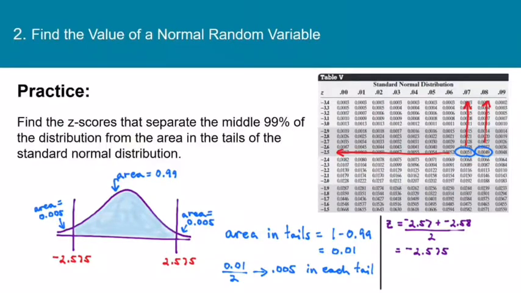If we round, we'll just end up with this larger z-score, which defeats the purpose. So this is the one exception to the rule about rounding z-scores. Whenever we have had to average two z-scores, we will keep that third decimal place.